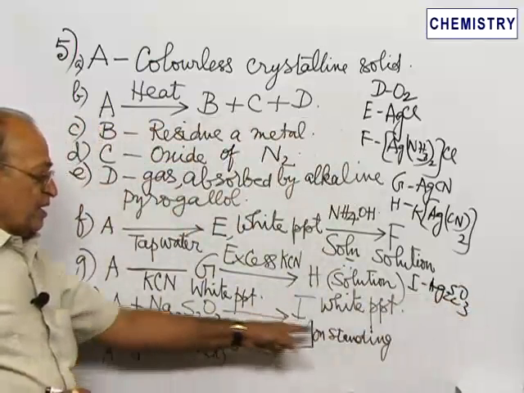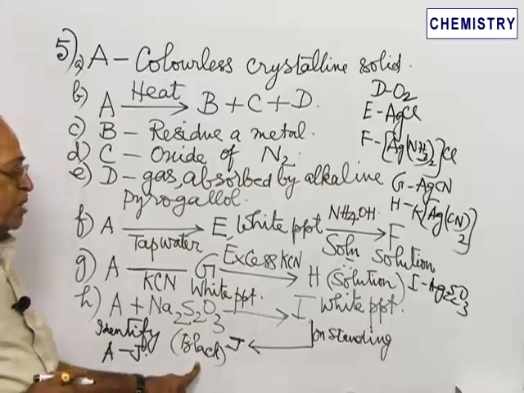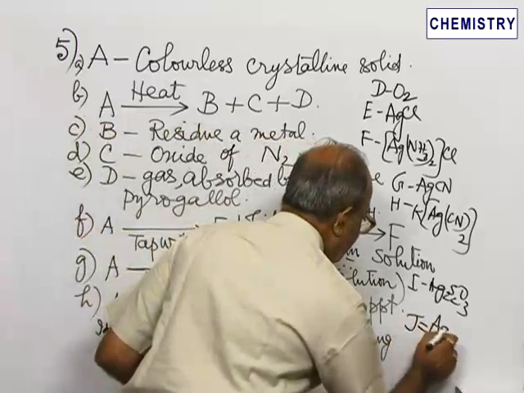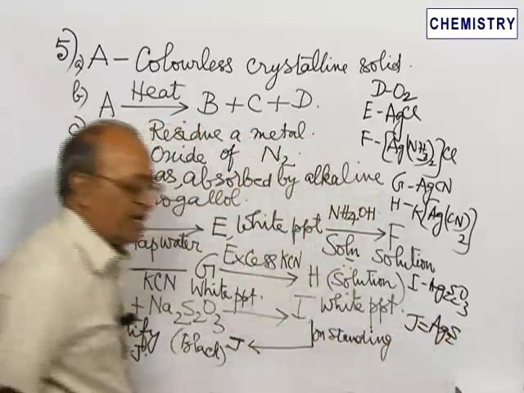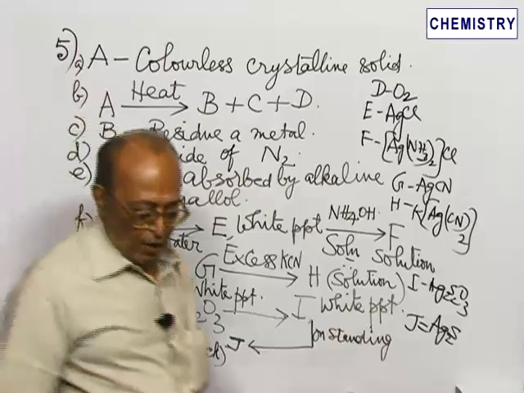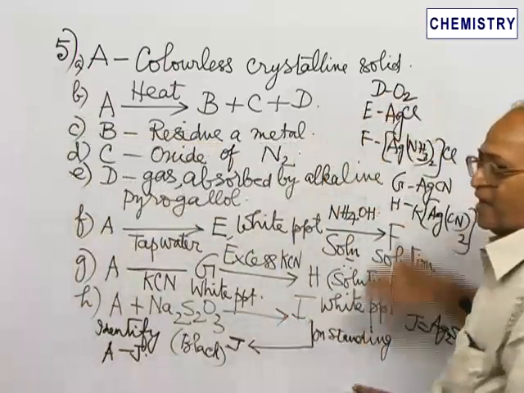On standing, it changes its color to black. J is Ag2S, silver sulfide.